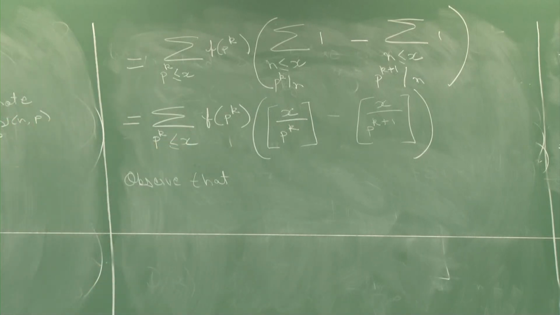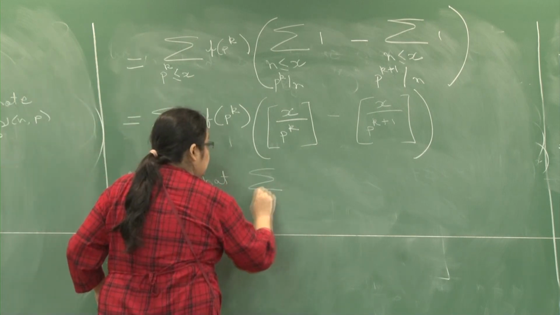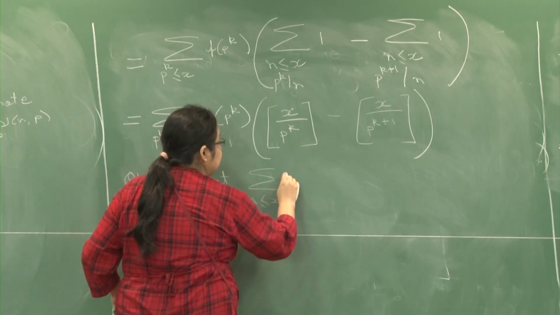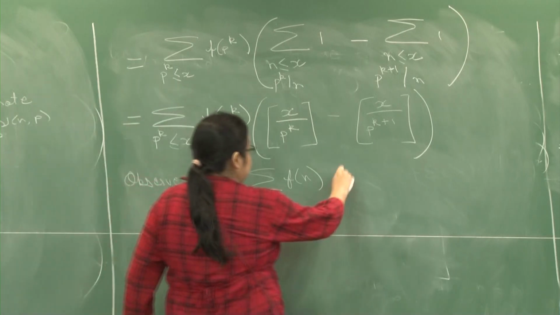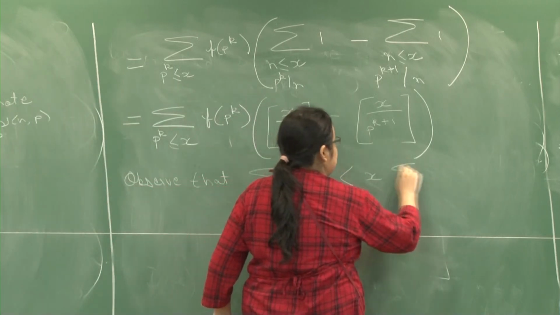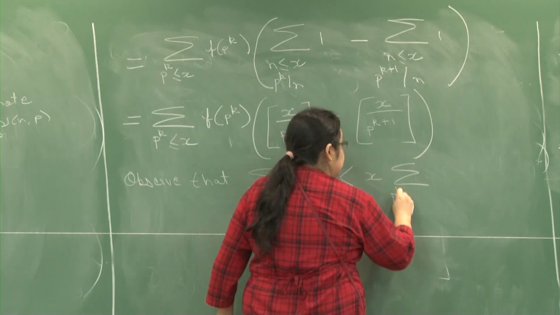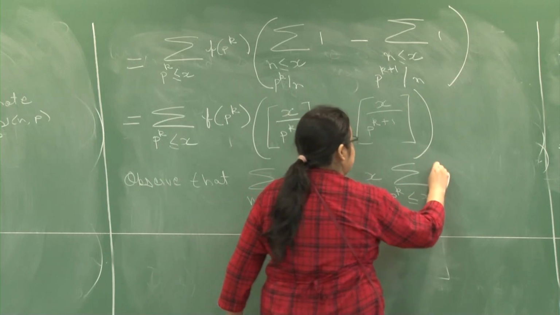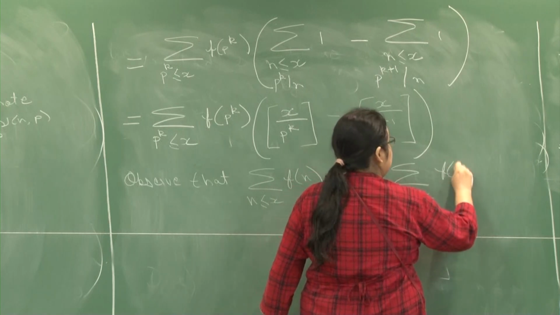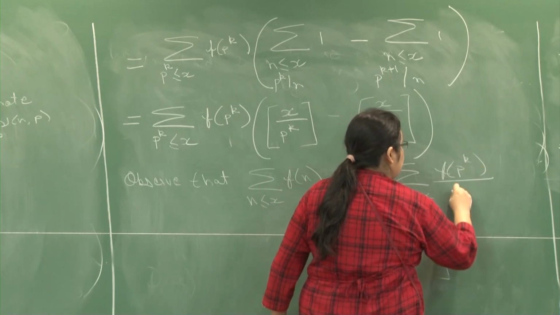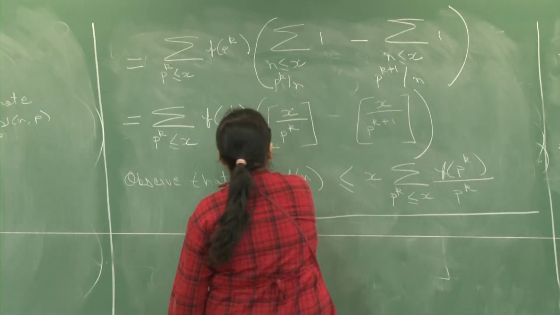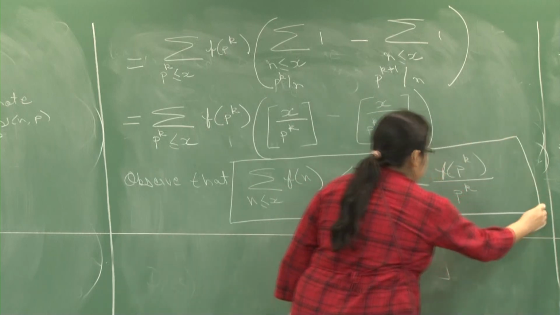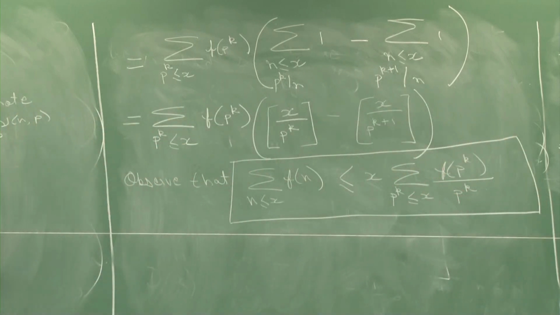So what we see is that the summation over n less than or equal to x of f of n is certainly less than or equal to x times the summation over p raised to the k less than or equal to x of f of p to the k over p to the k. This is the first inequality that we are going to keep in mind.